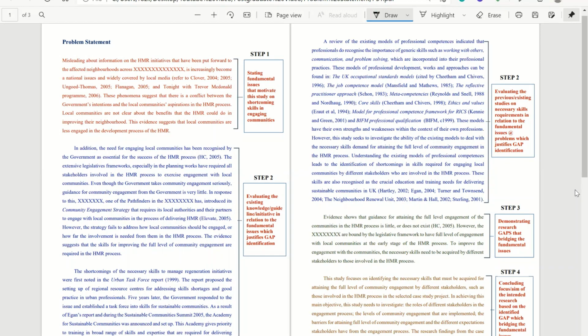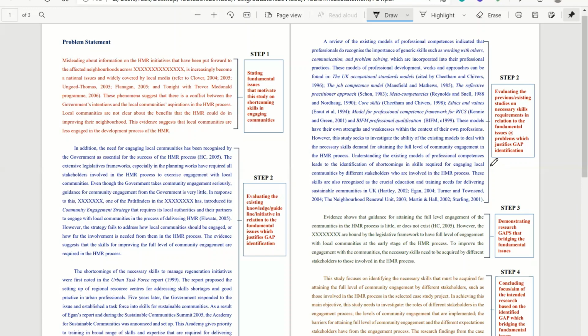However, examiners like me only search for the main components that should be in the problem statement. Let us review together how this problem statement is written and formulated.